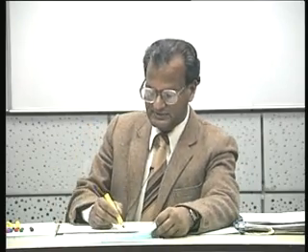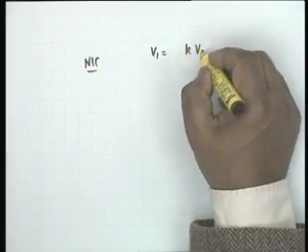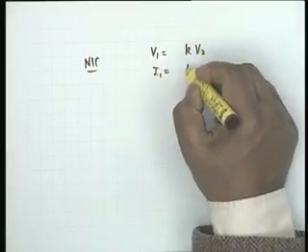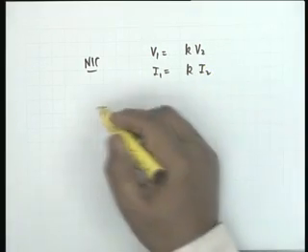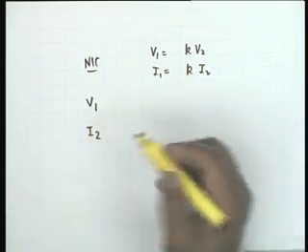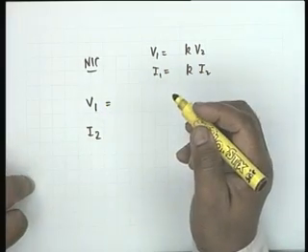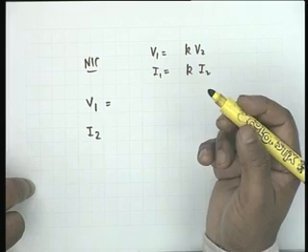If I write these relationships in the form of H parameters, my NIC is characterized by V1 equal to K V2, I1 equal to K I2, and my H parameter relationship is between V1 and I2 as dependent variables and I1 and V2 as independent.